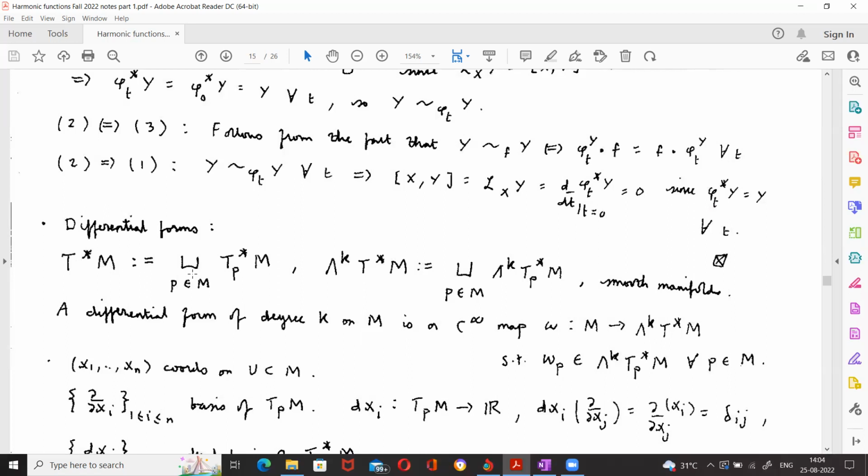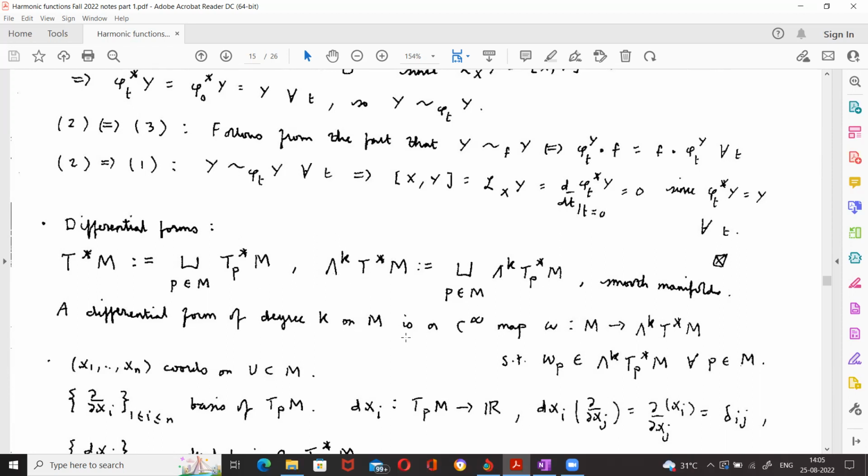And similarly, for any k, we can look at the kth wedge of the cotangent space and then take the disjoint union of these kth wedges of the cotangent spaces. That would be the kth wedge of the cotangent bundle.